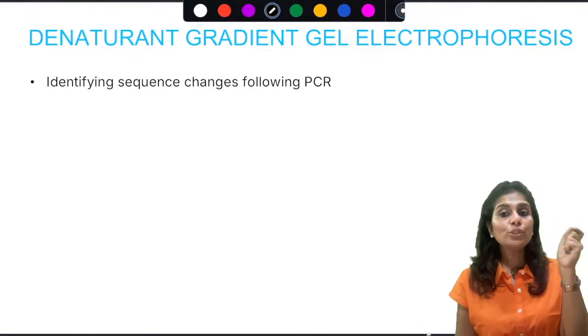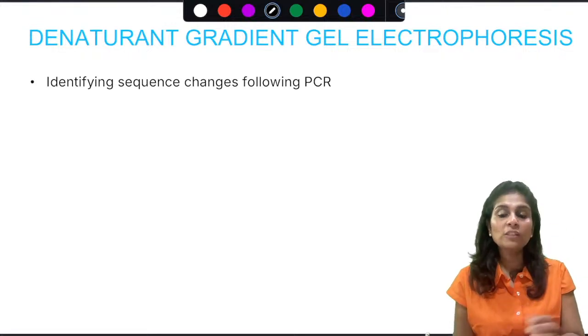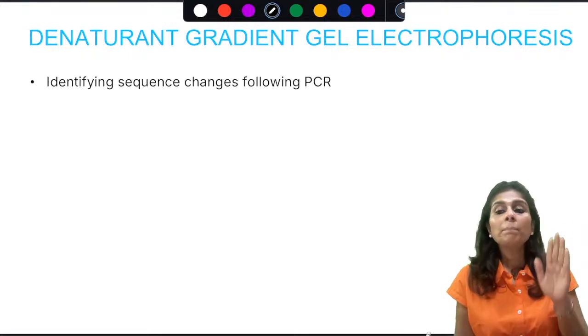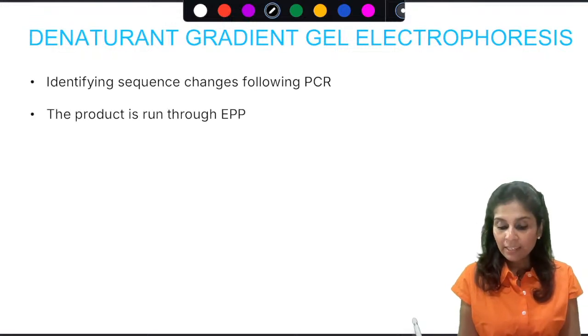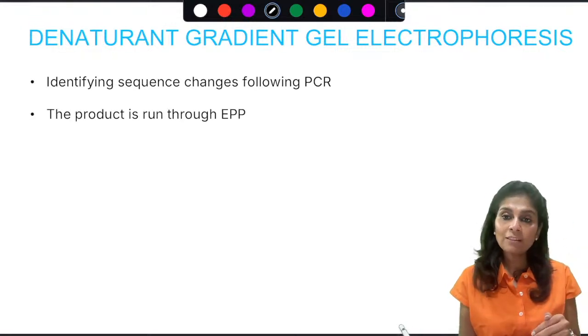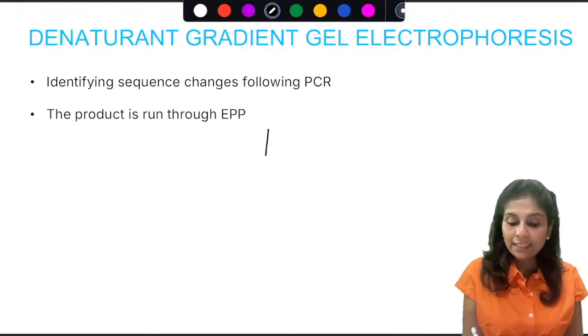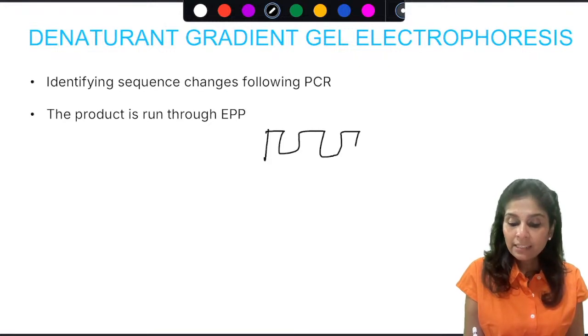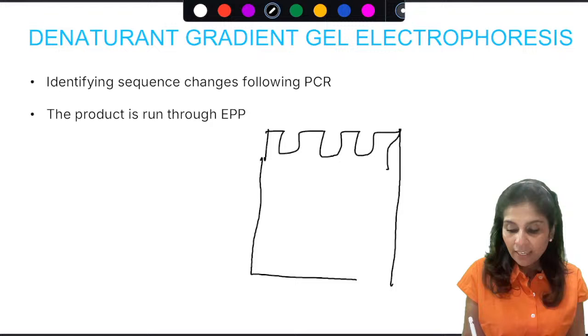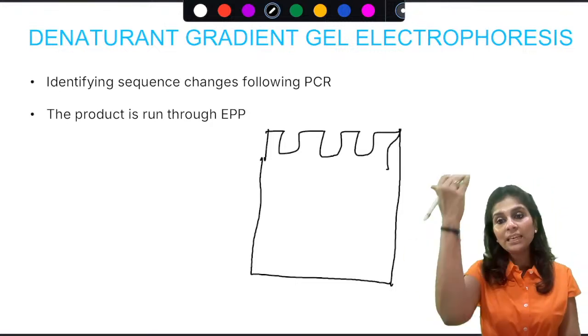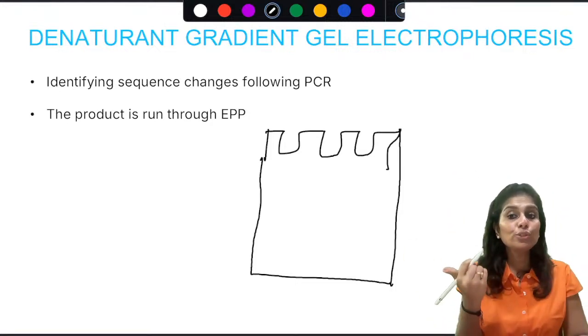Whereas in denaturant gradient gel electrophoresis, following PCR, the PCR product will be run through electrophoresis. Do you understand this? The PCR product will be run through electrophoresis and the gel will have increasing gradient of denaturant. The gel of electrophoresis will have increasing gradient of denaturant.